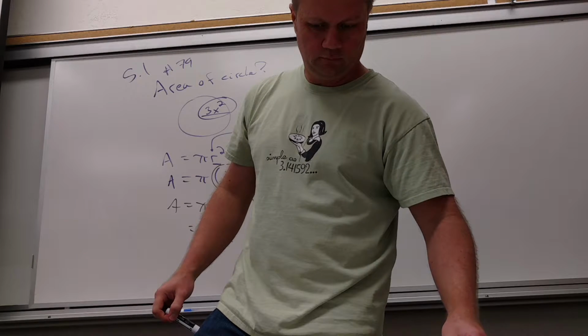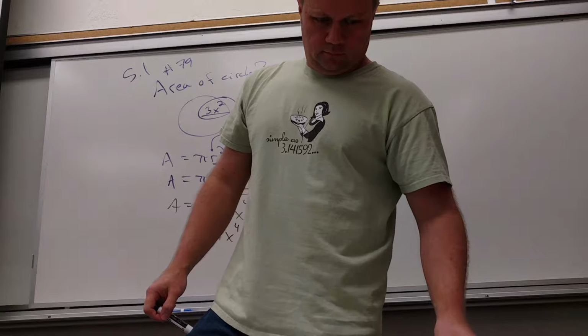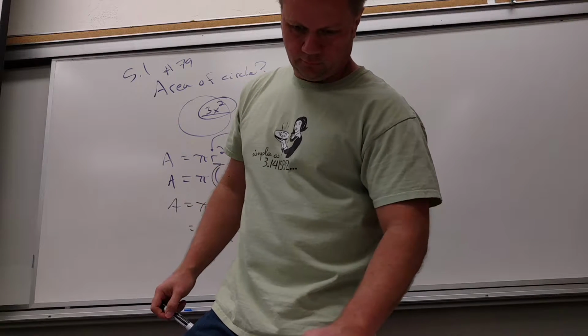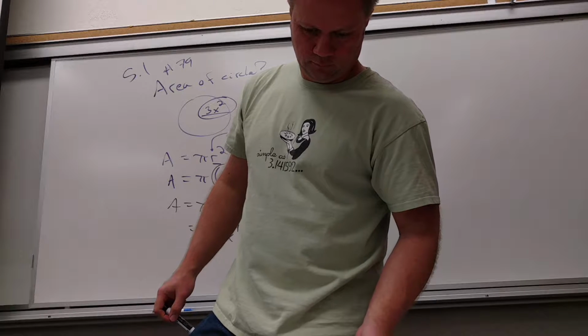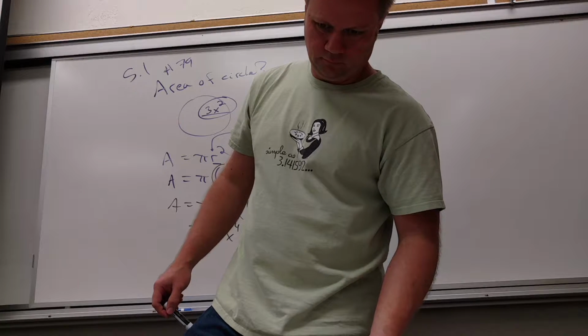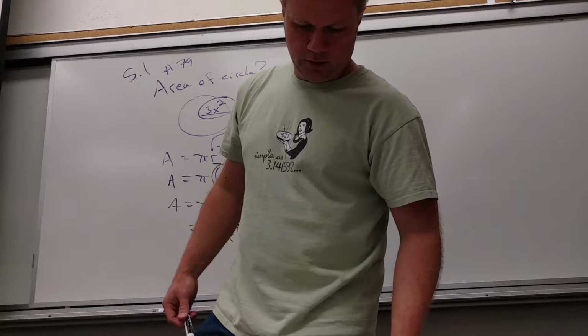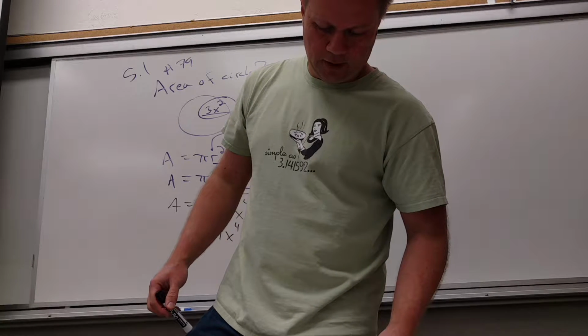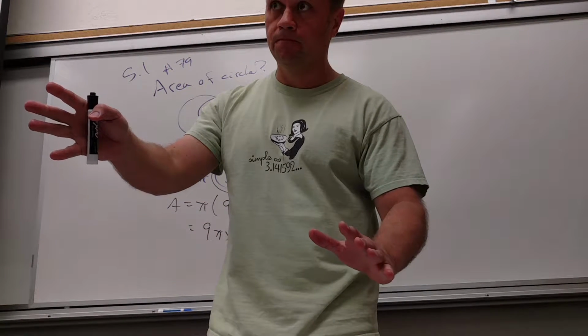On 5-2, number 72. Just didn't know what to do or how to set it up. Is it set up for you? Yeah. Okay. See, part A is easy, right?